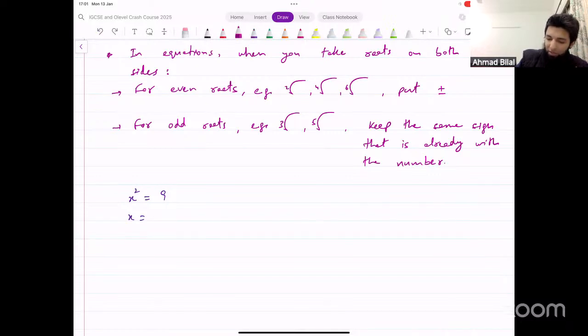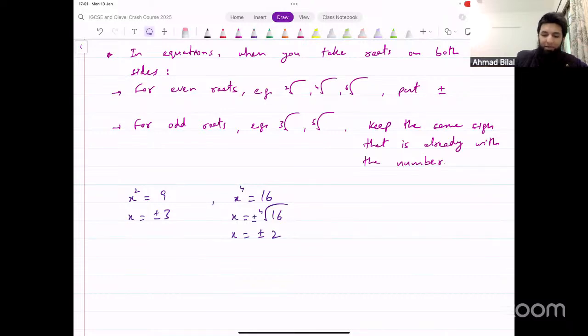So this becomes x equal to plus minus 3. If you have x raised to power 4 equal to 16, again, it's an even root. When you take the fourth root on both sides, you can say it's the fourth root of 16. You have to put plus minus there, so it becomes plus minus 2. For even roots, you put plus minus like this.